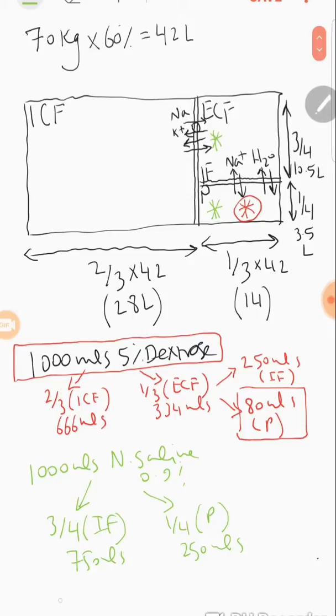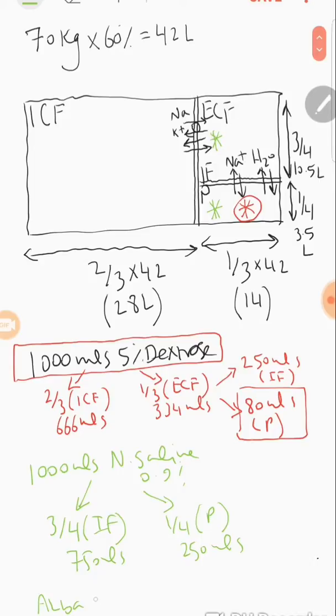Just for comparison, if you were to give albumin, nearly all of that remains in the plasma, and that's because the molecules are too large to leave the vessel wall, and almost all of it remains in the plasma.